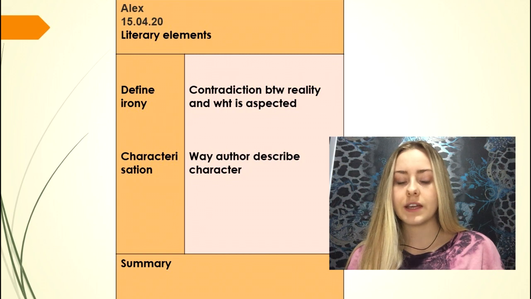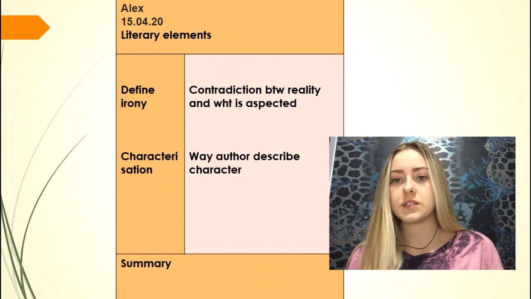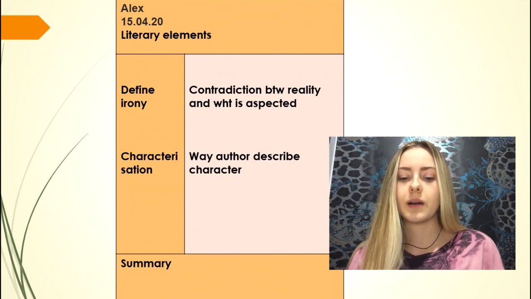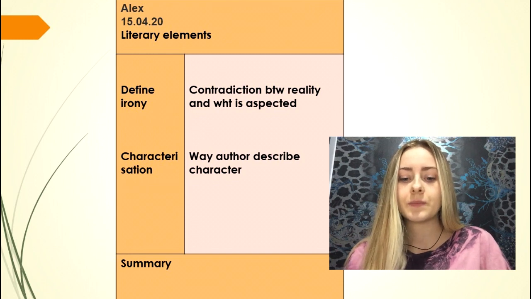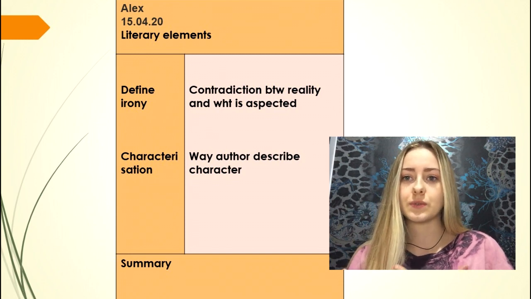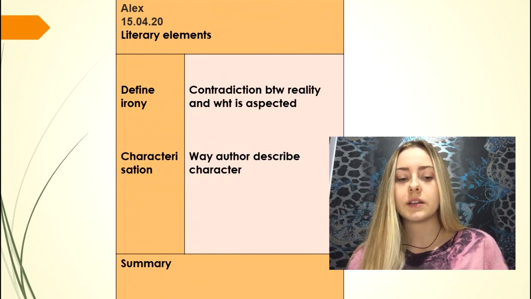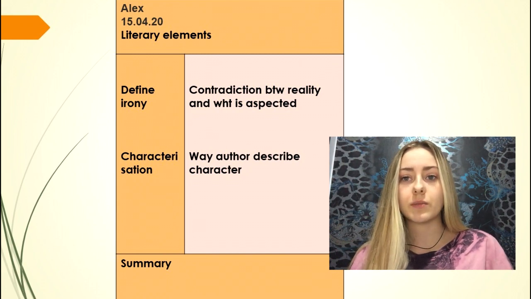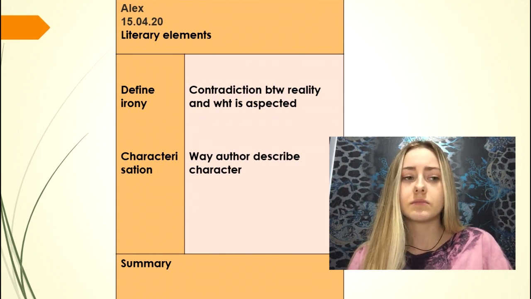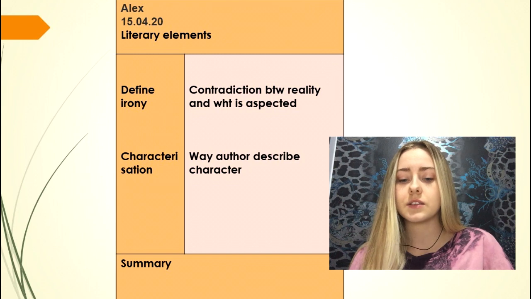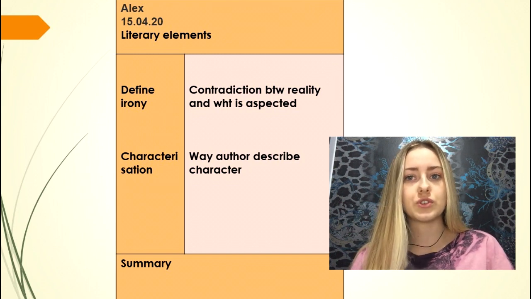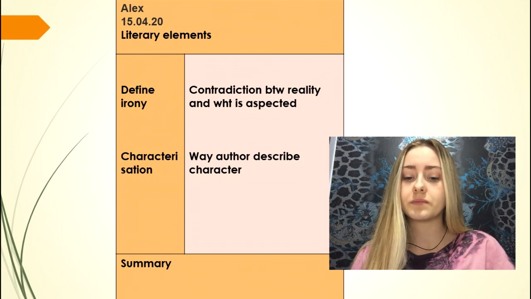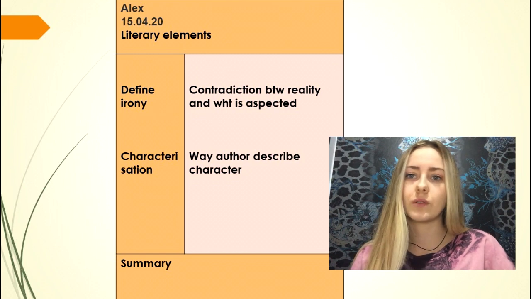I didn't write a summary because I wanted to give you a general idea about this method. I wanted you to see an example, and as you understand, the summary should be a few sentences, and you should write everything that you understand or everything that you wrote above.